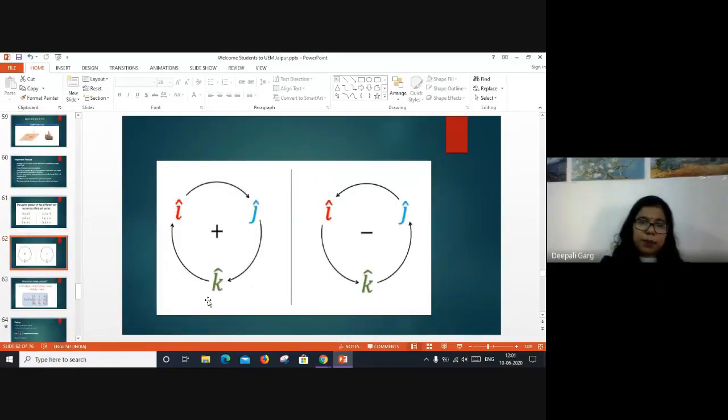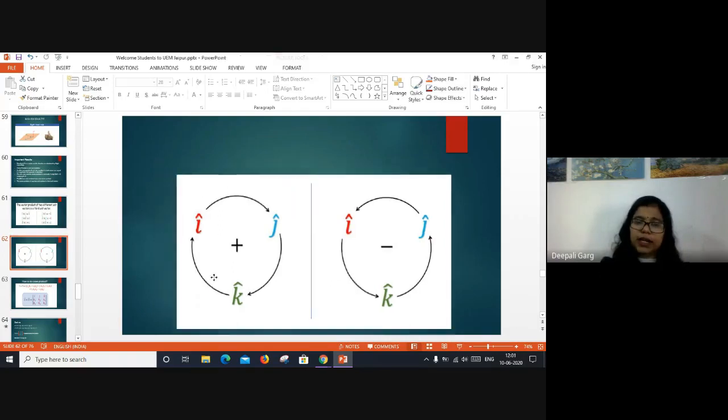If you make i, j and k and you rotate in clockwise direction, then i into j will be k, j into k will be i, and k into i will be j. So if you are moving in clockwise direction, you are getting positive third unit vector, and if you are moving in anti-clockwise direction, then you are getting minus third unit vector.